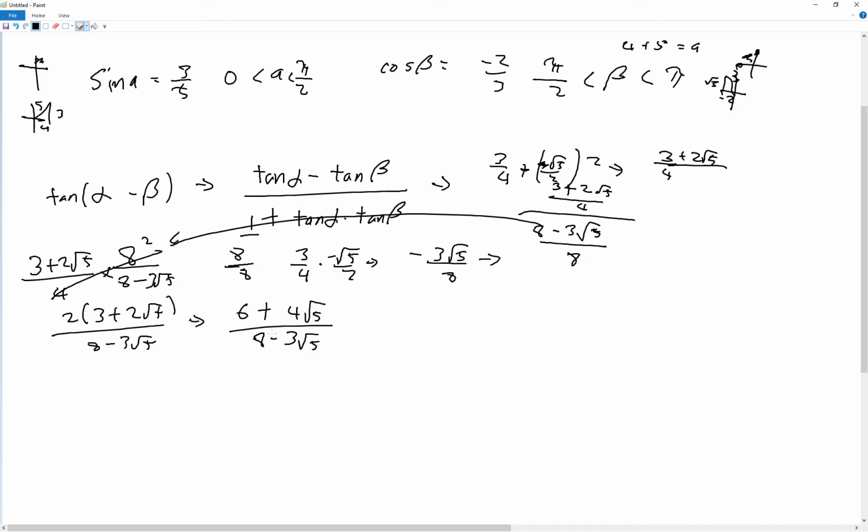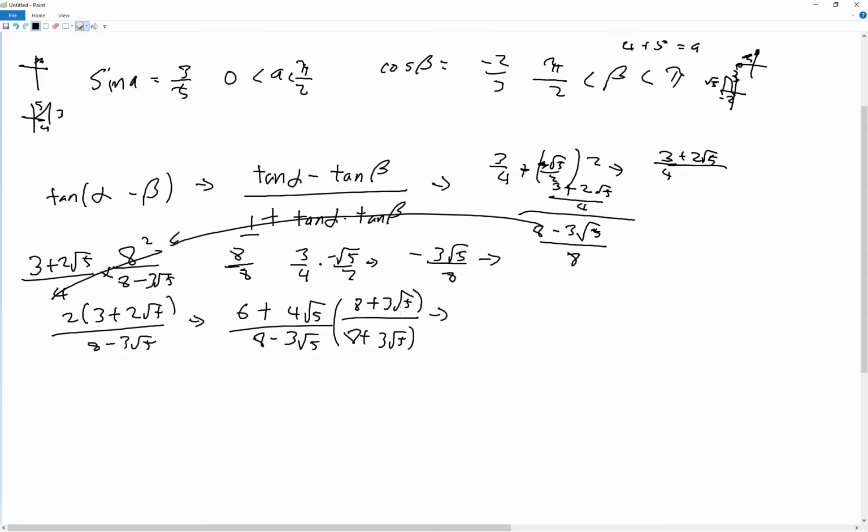We can further simplify this. We can multiply both sides by the conjugate of the denominator, so 8 plus 3 square root 5.